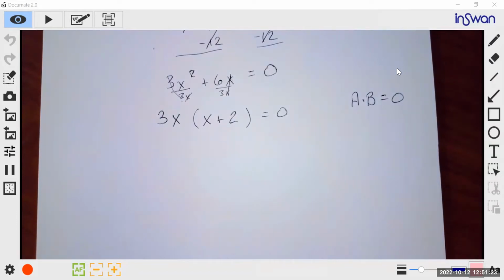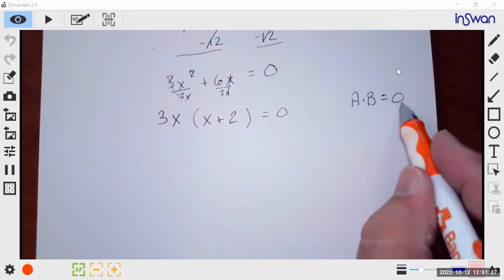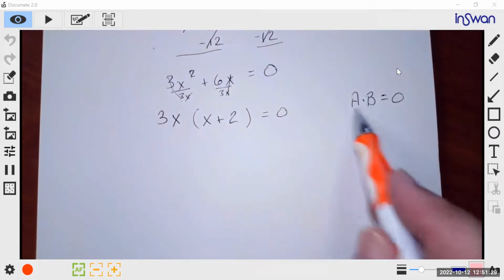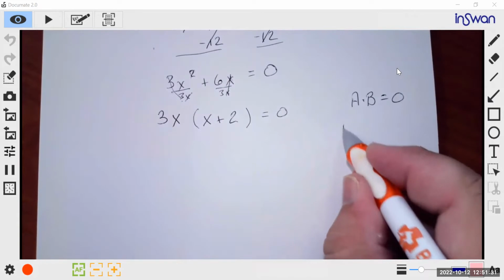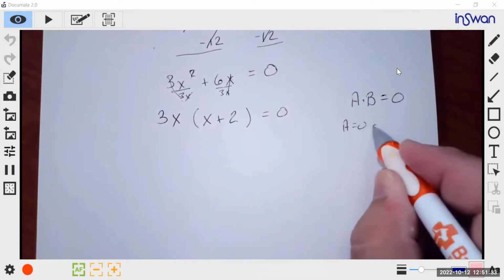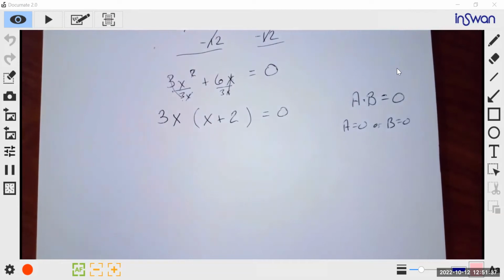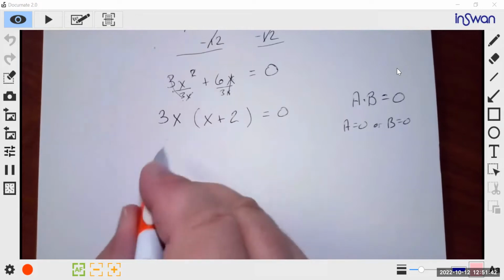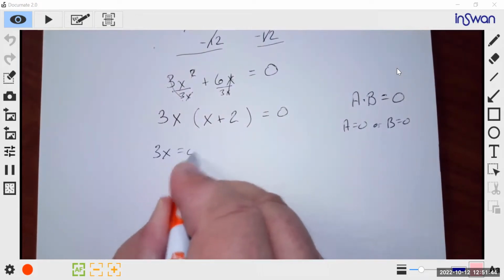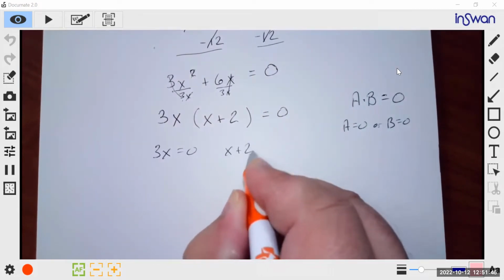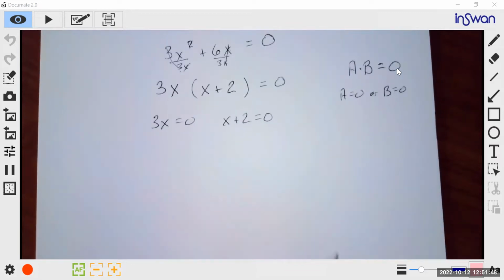What has to be true? If two things multiplied equals 0, what has to be true about these guys? One of them has to be 0, right? One of them has to be 0, or they both have to be 0. Since we don't know which one, we set them both equal to 0 and work them out.